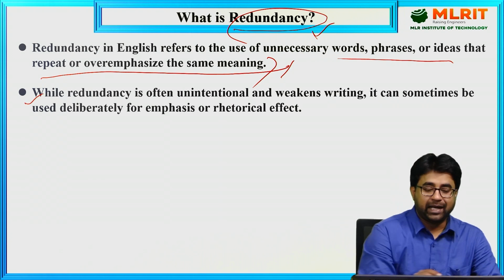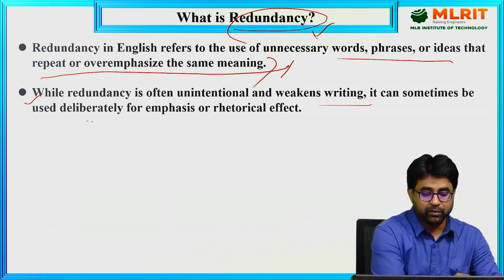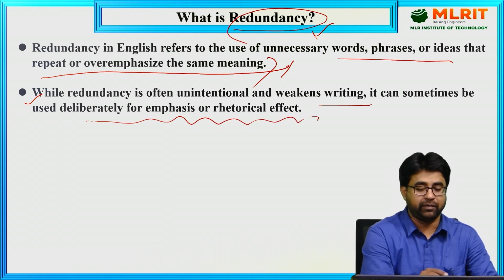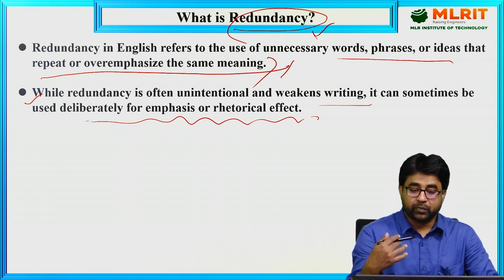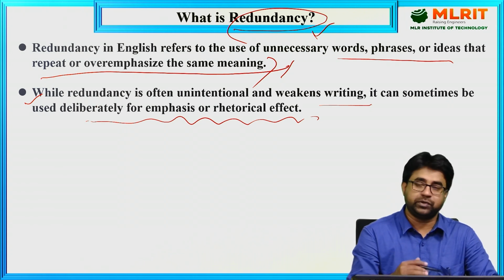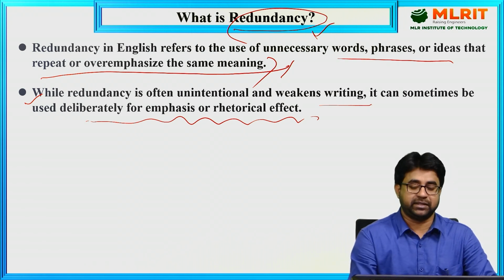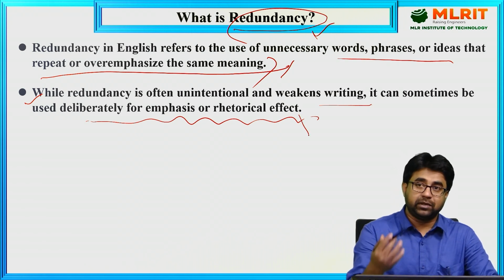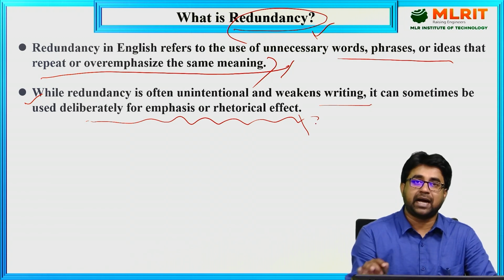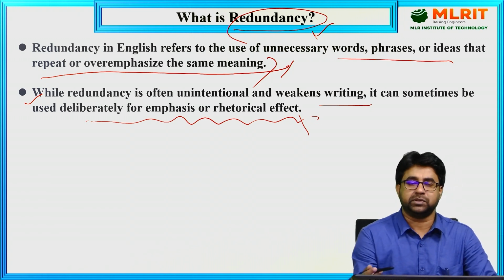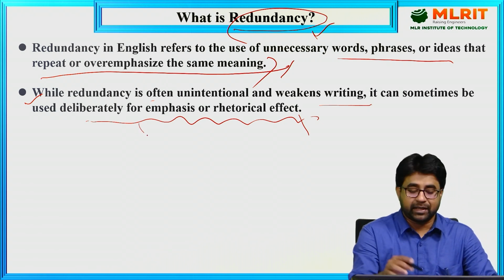Fine. Now, while redundancy is often unintentional and weakens writing, it can sometimes be used deliberately for emphasis or rhetorical effect. So basically, when it comes to technical writing, or writing associated with our engineering field, we are not supposed to use redundancy. But when it comes to literature, let's say poetry and novels, redundancy is used because it serves the purpose of adding emphasis or rhetorical effect.